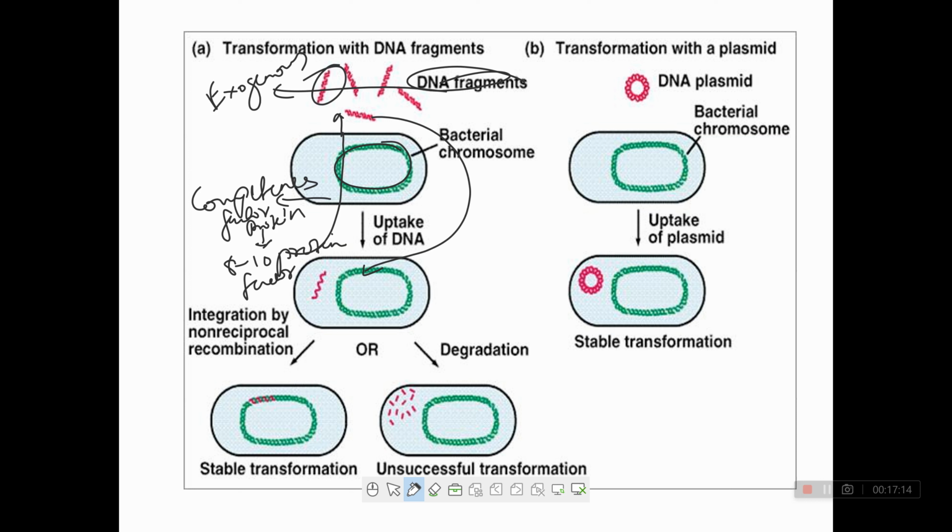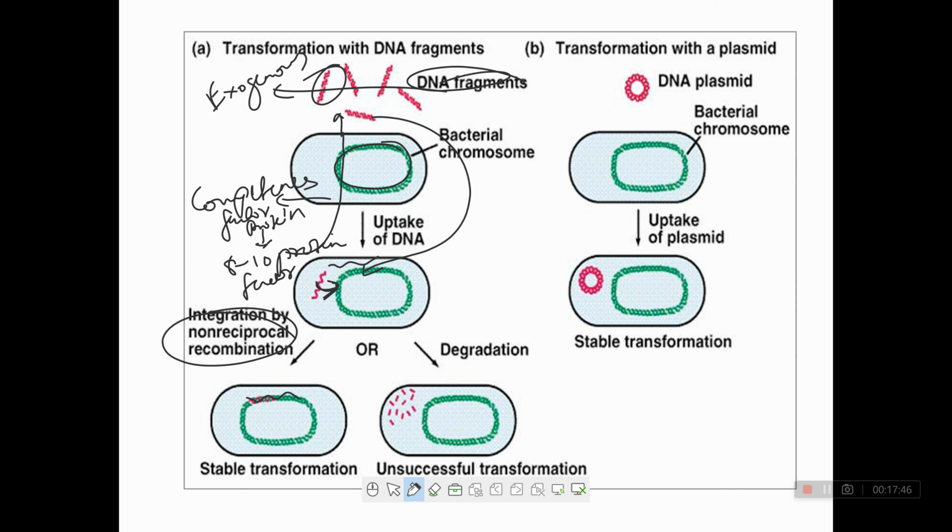After going inside, this exogenous DNA is converted into single-stranded form. After that, it integrates by non-reciprocal recombination into the chromosomal DNA, forms a crossing over and a recombinant, and goes inside the recipient DNA, right?